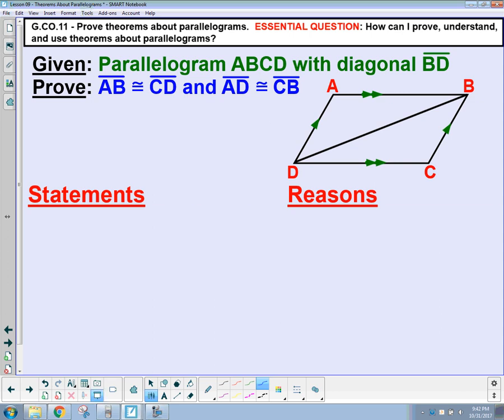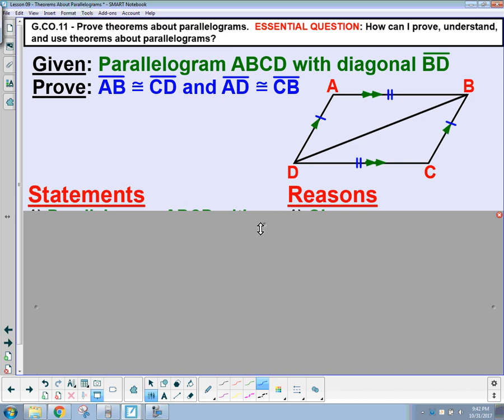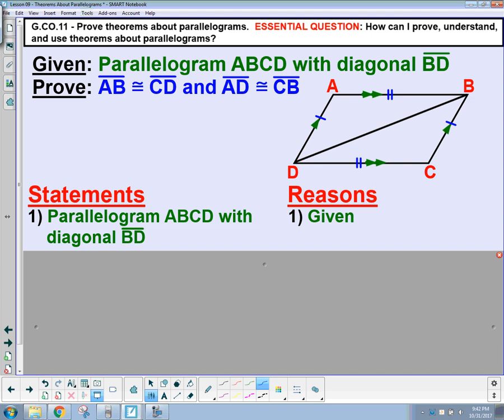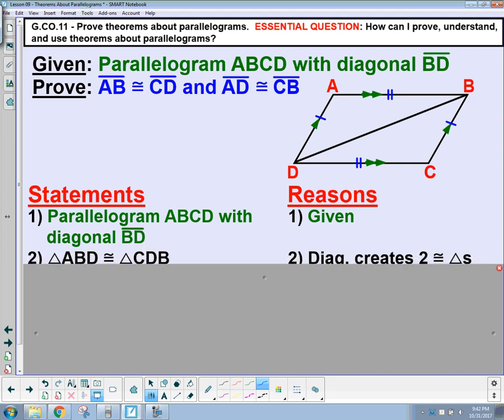So, as always, we start with what's given. Then I would just go ahead and argue that two triangles are created when you use a diagonal. Hence, we just proved that on the last slide. So, guess what? Since it's a theorem, you can use it in the reasons.